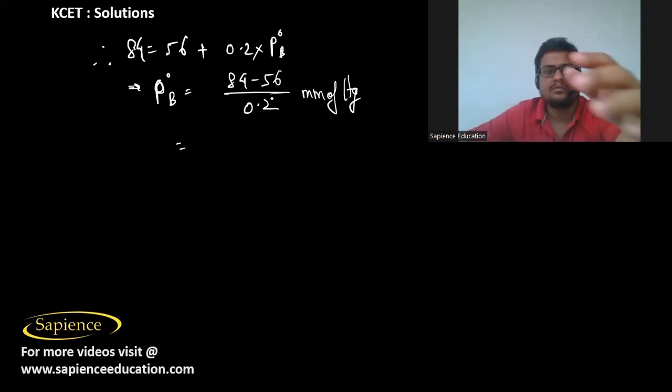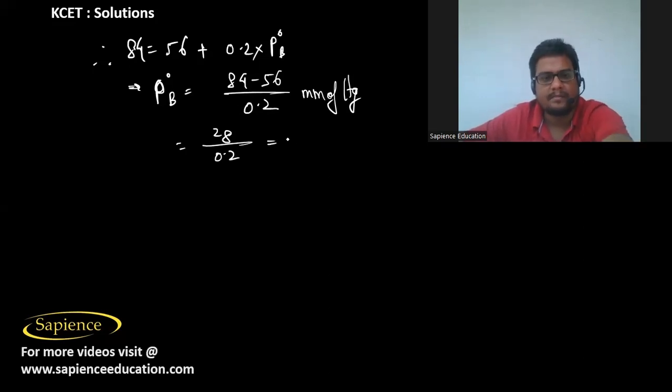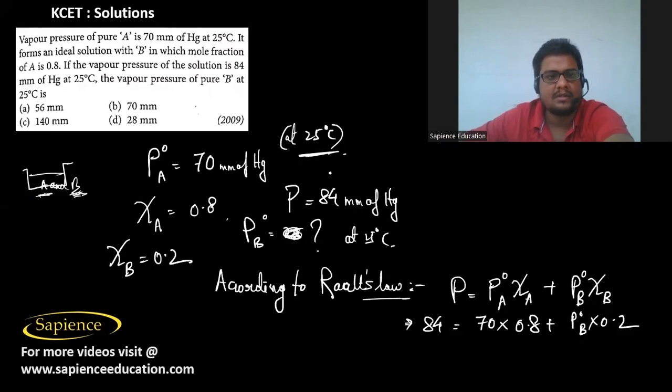So that will be 28 by 0.2, that is 140 millimeter of mercury column. So it is the vapor pressure of pure B. So option C is the correct answer.